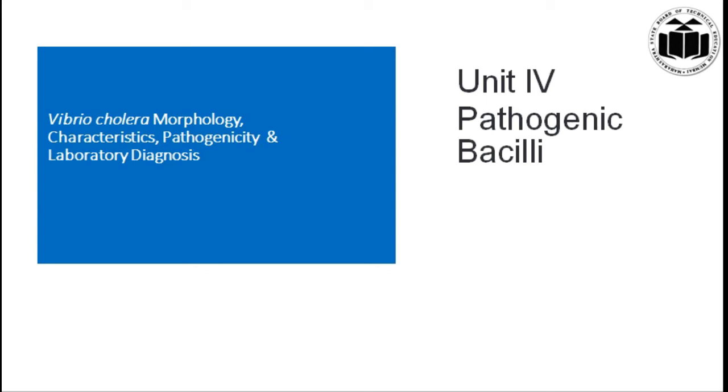This is the final topic of unit outcome 1, and we are going to discuss an organism, Vibrio cholerae, which is a gram negative bacteria.